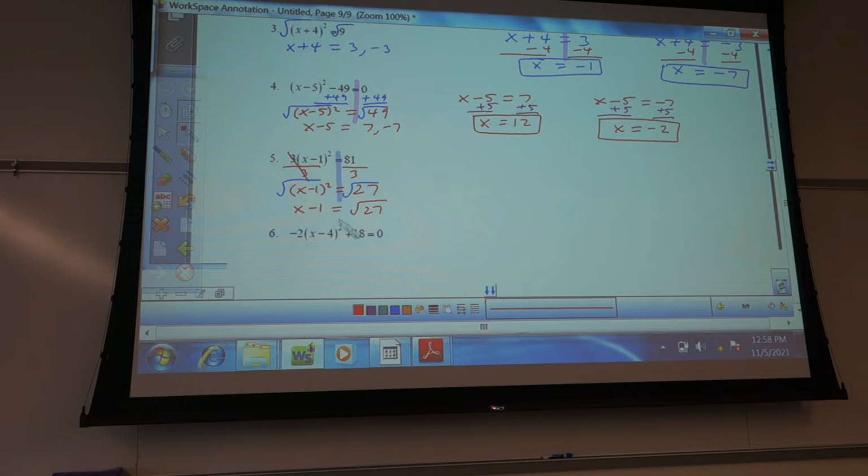As x minus 1 equals the square root of 27, I need to get rid of the minus 1 because I need x equals. How to get rid of the minus 1? Plus 1. Add 1 to both sides. And it's kind of weird. It's just going to be x equals 1 plus the square root of 27.